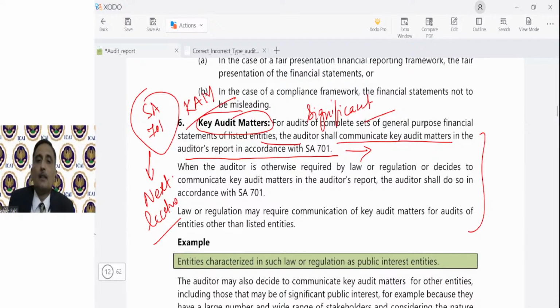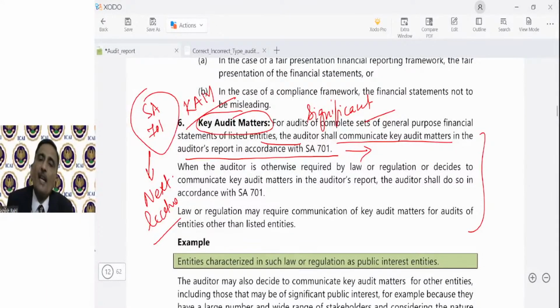Okay. So it might so happen that by some law the auditor is compulsorily required to report key audit matters, then the auditor shall do so in accordance with SA 701. So in case of listed companies, it is mandatory for the auditor of listed companies to report key audit matters in accordance with the requirements of SA 701.